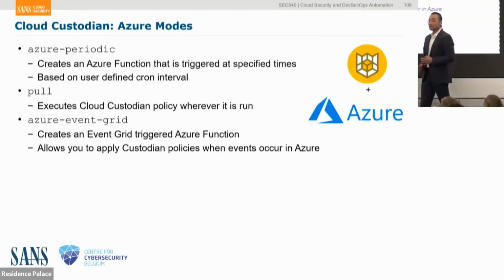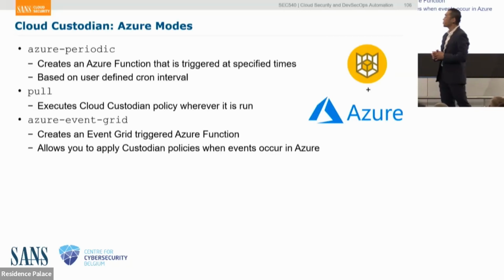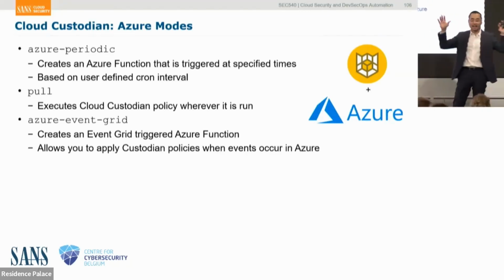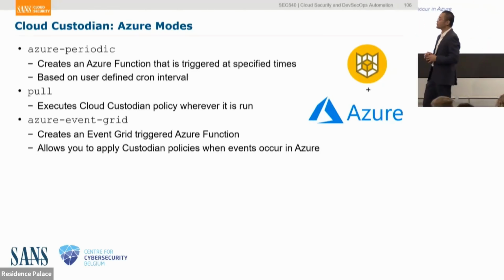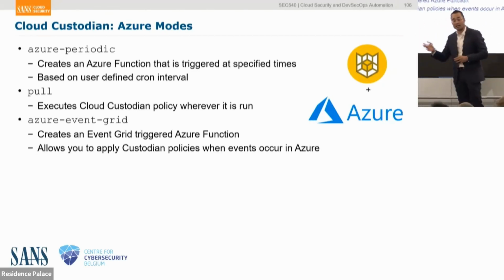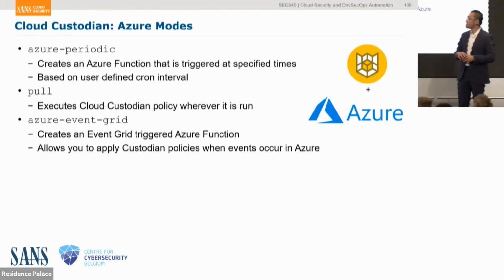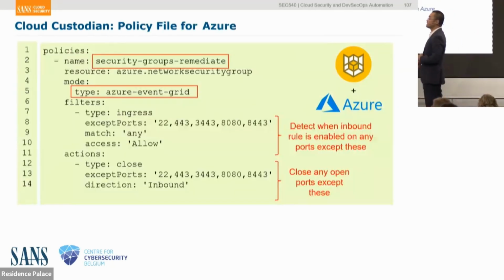So Cloud Custodian has support not only for AWS, but for other cloud providers as well, specifically Azure, right? Because all of these cloud providers at a high level have the same type of services. So you can check for this periodically, basically kind of like via a cron job type of functionality. You can go ahead and pull your Cloud Custodian policy whenever you want. And then under the hood, it could use Azure Event Grid to automate the processing of any downstream activities.